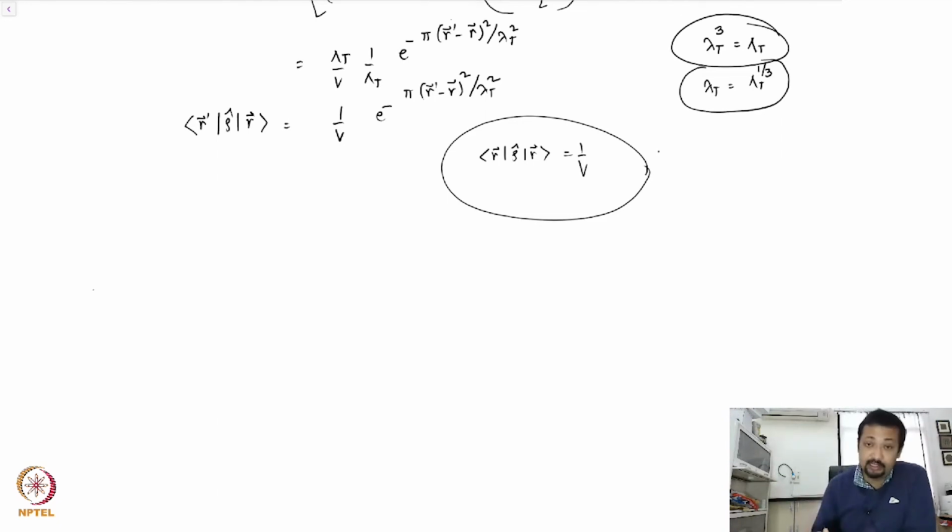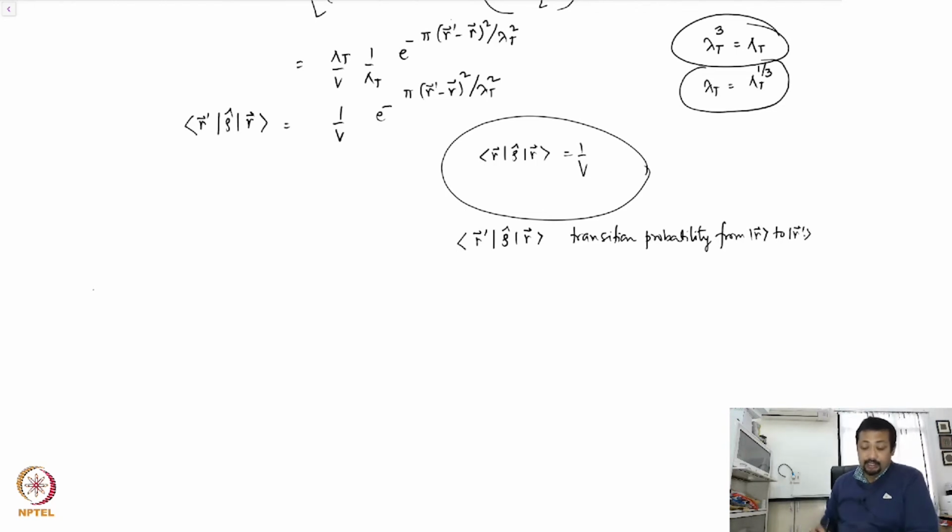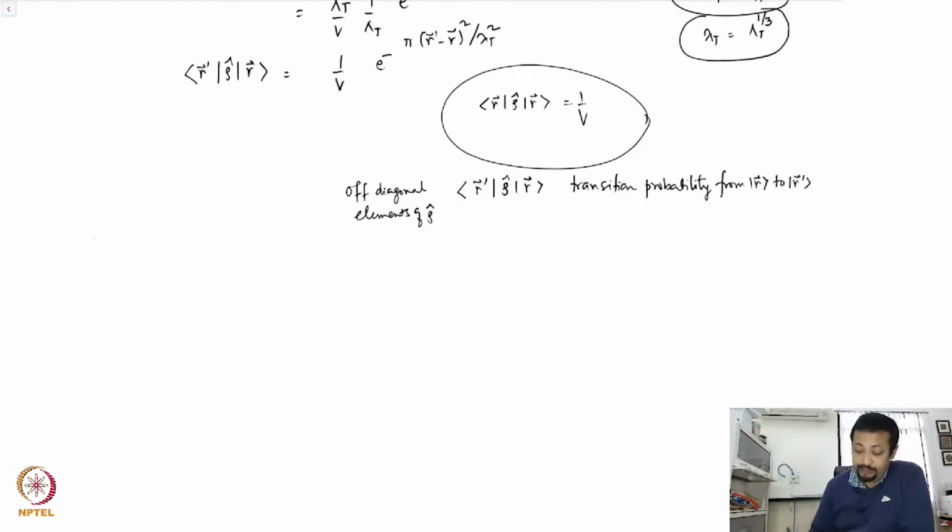The off diagonal elements denote the transition probability from r to r prime, and these are your off diagonal elements of rho hat in the coordinate representation.